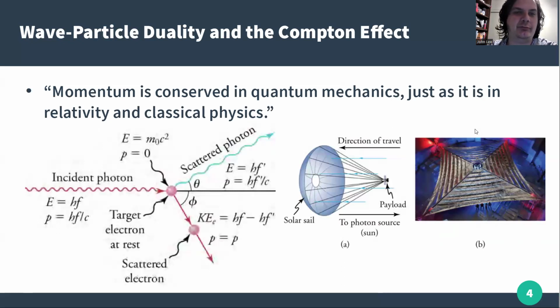And another example of wave-particle duality comes in momentum from the Compton effect, which is that momentum is conserved in quantum mechanics just as it is in relativity and classical physics.